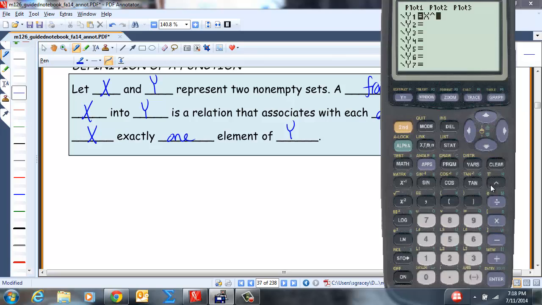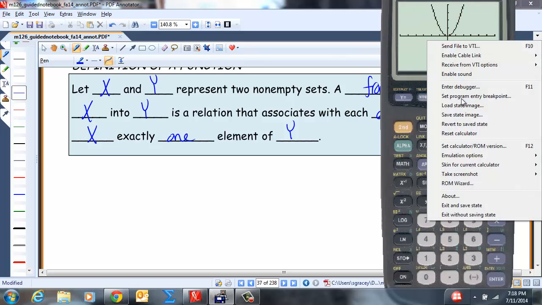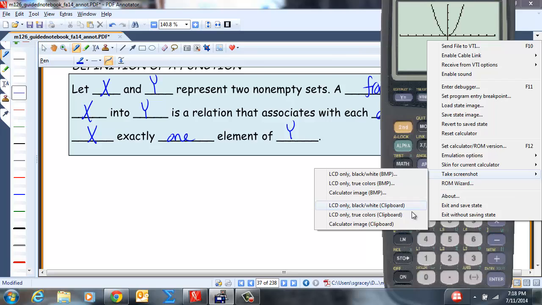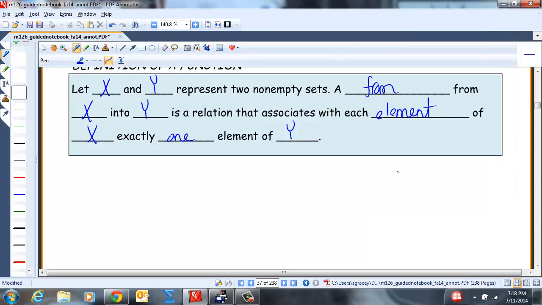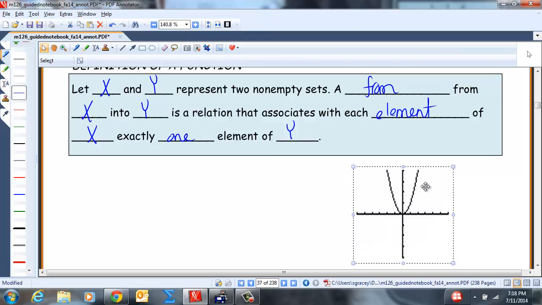This is a good example because with y equals x squared, do you see that we have all possible input values? You can put whatever you want in for x. But what do you think for y?